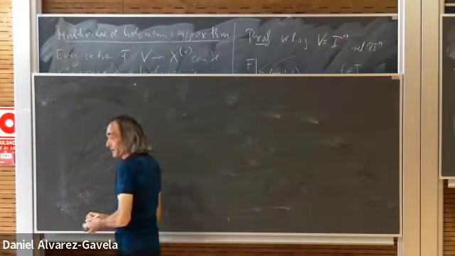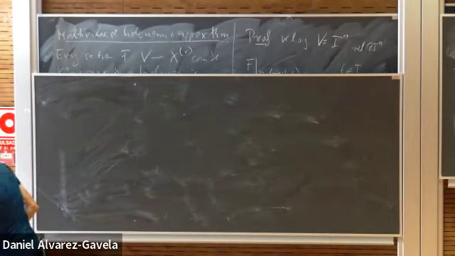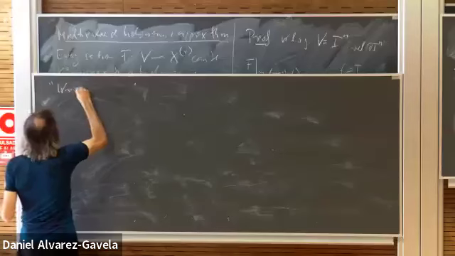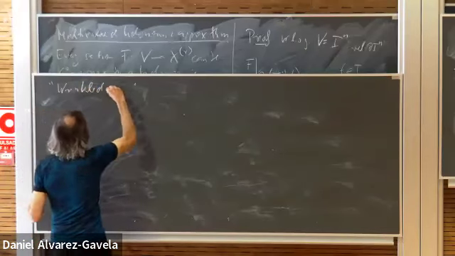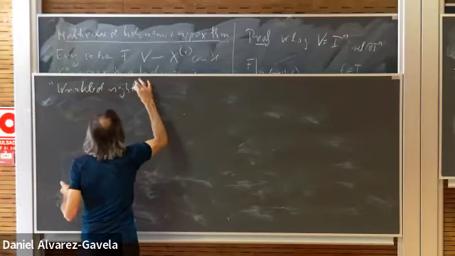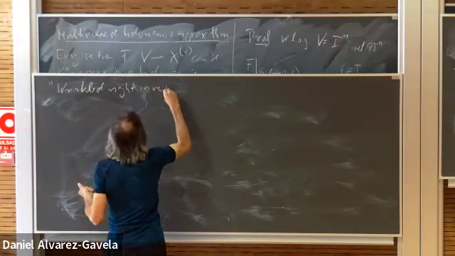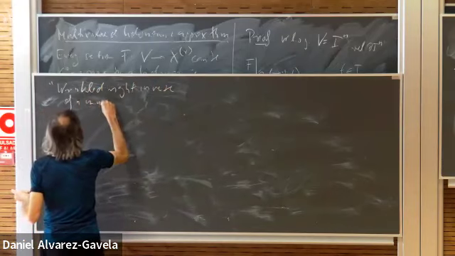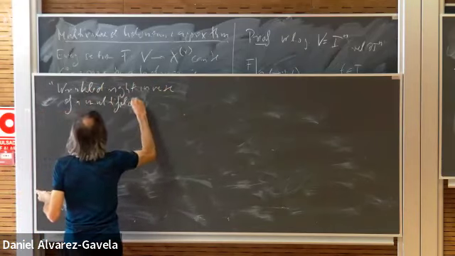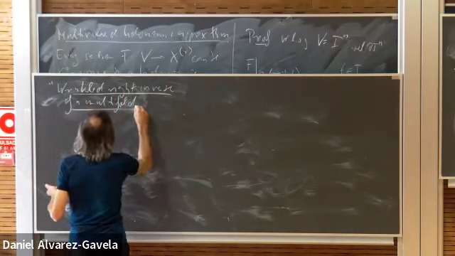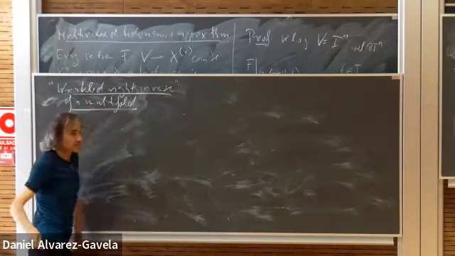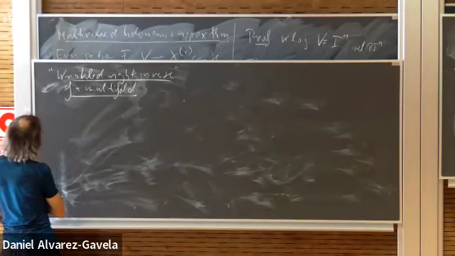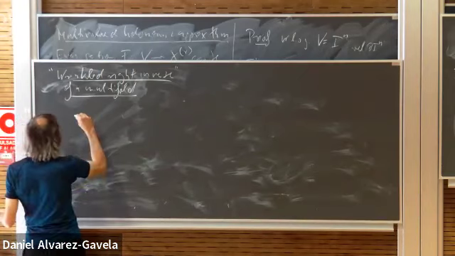Now, the second ingredient we're going to need is the so-called wrinkled right inverse of a multifold. It's not really a right inverse, but I don't know.